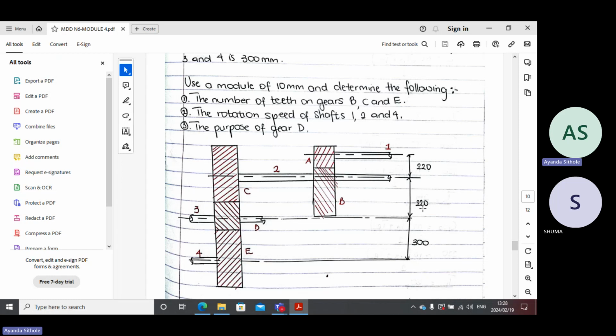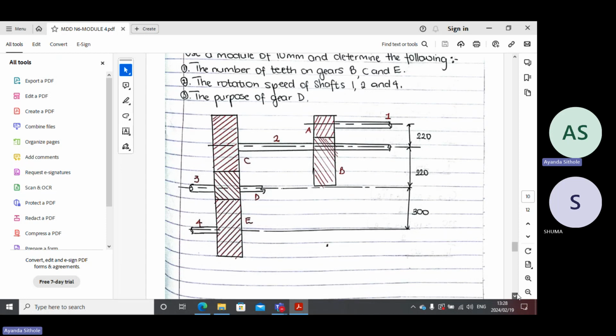But in the textbook they wrote 300, which is wrong, when they were calculating the number of teeth for TC. So in this textbook it's wrong.